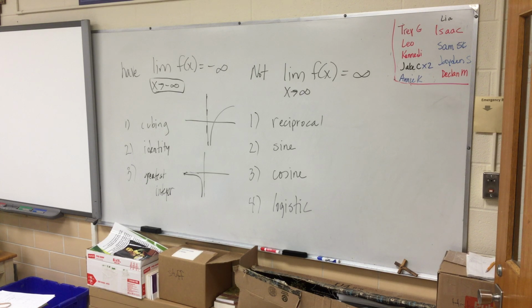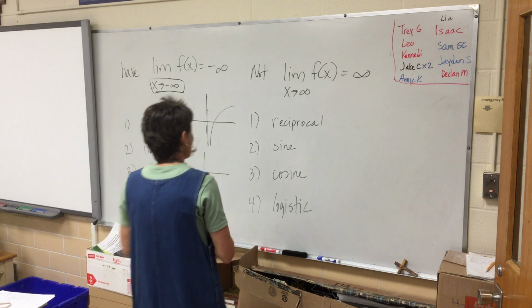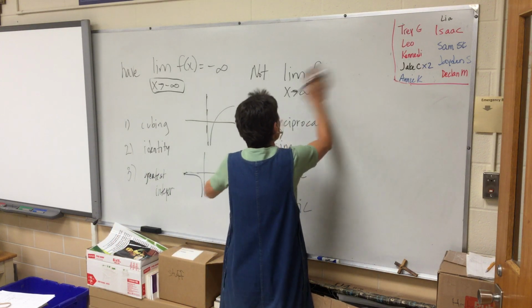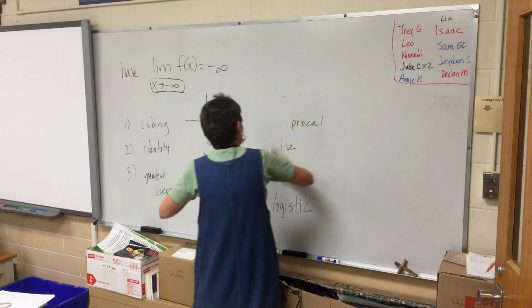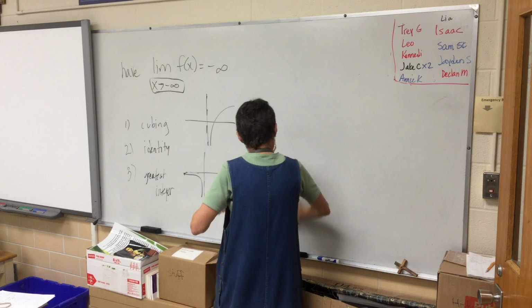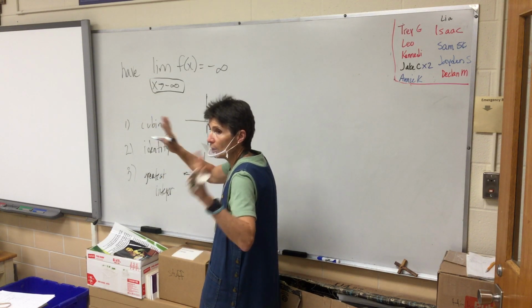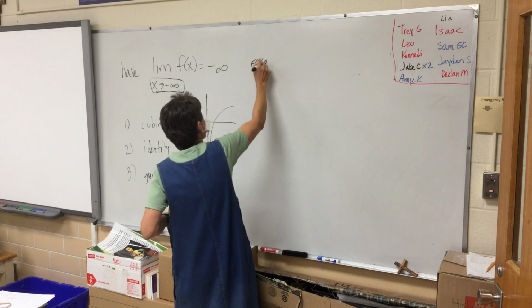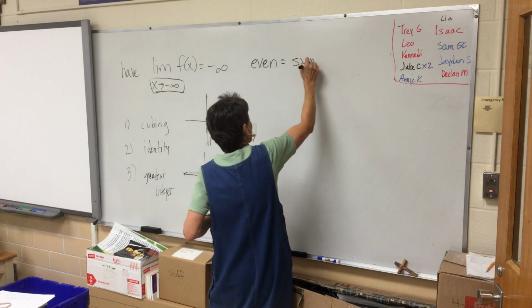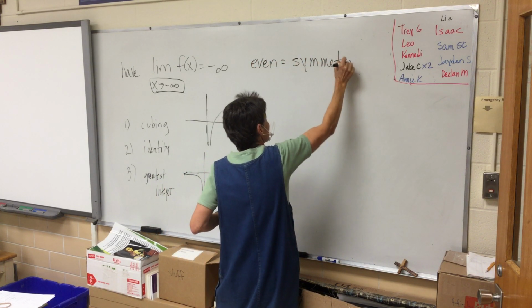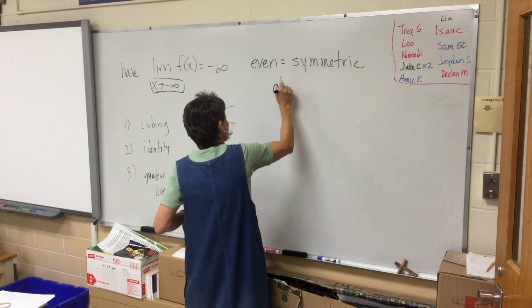We didn't discuss even, but we should have. I'm not sure, maybe I skipped that problem. Even, write this down, you'll need this note. Odd means symmetric about the origin, O-O, O-O. Even means symmetric about the y-axis.